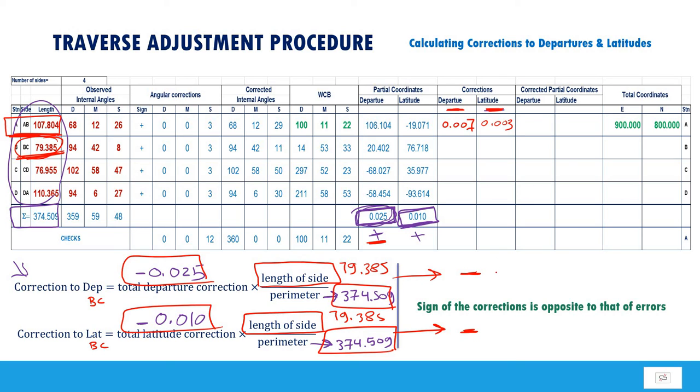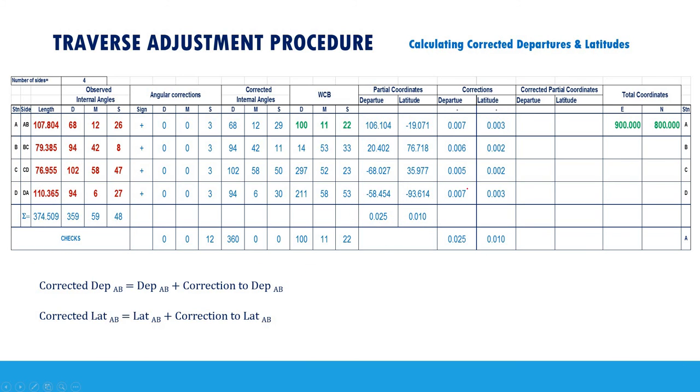So I will do the calculation now, and this would be 0.006 and here 0.002. I will write them down here, and so on, every time you just change the length of the side. Okay guys, now these are the final values of the corrections. Don't forget the negative sign here.